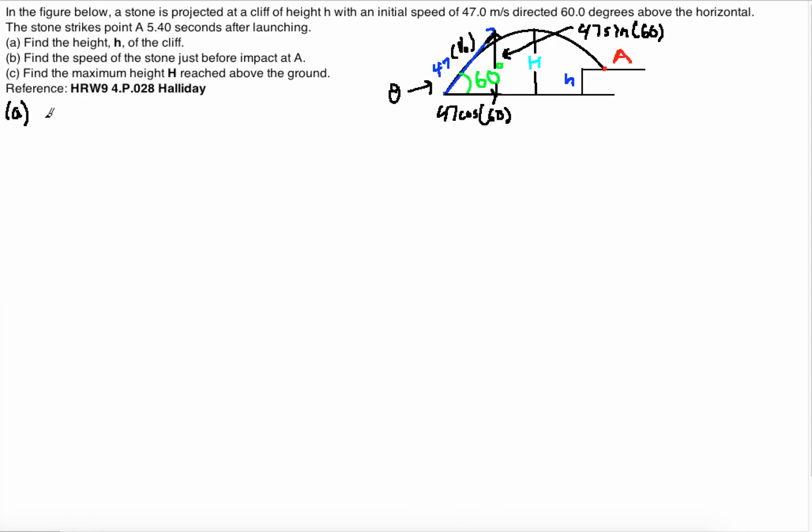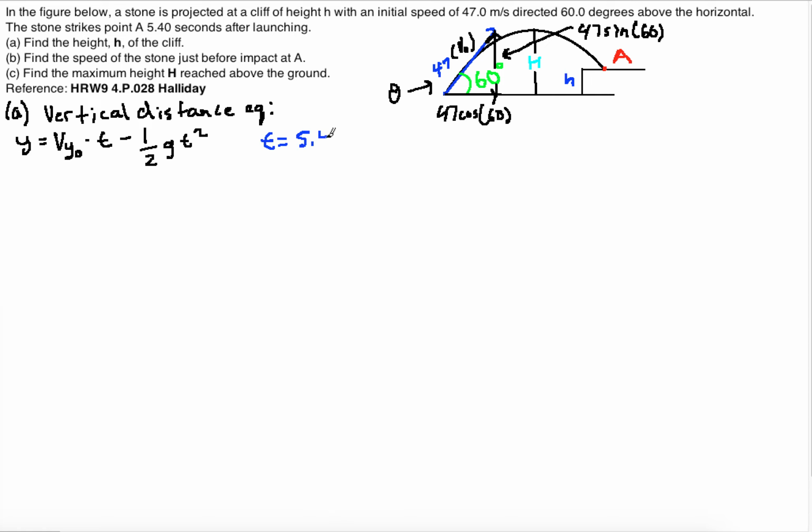The vertical distance equation is given by y is equal to Vy naught times t minus 1/2 g t squared. Now we can simply use this equation, and we're going to evaluate it at t equals 5.40 seconds, because that's when it hits point A, and we'll effectively find the height at that point.